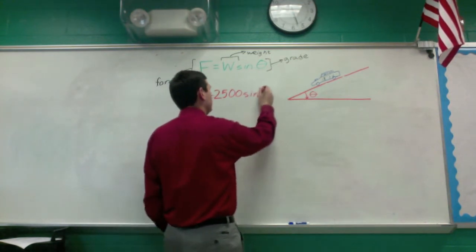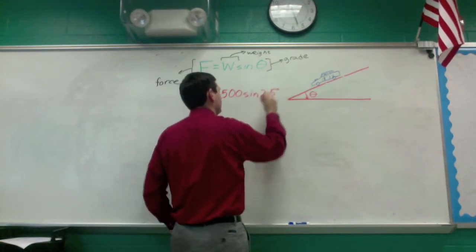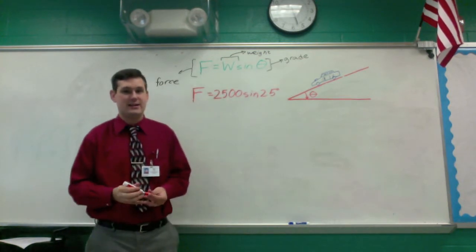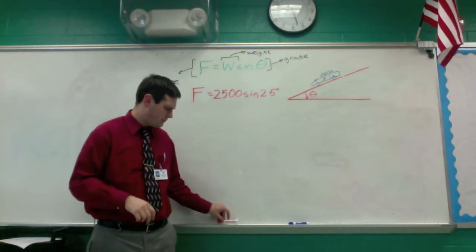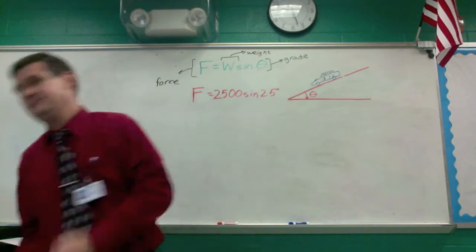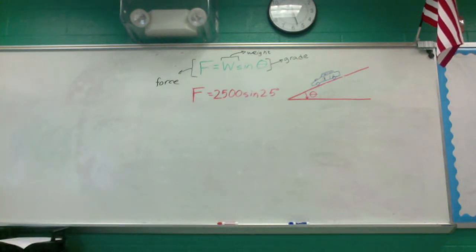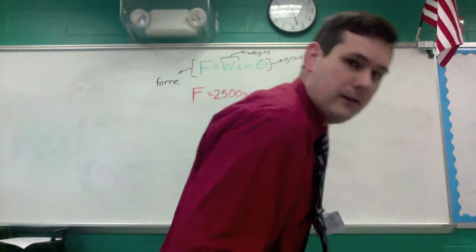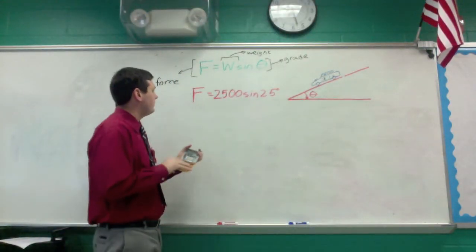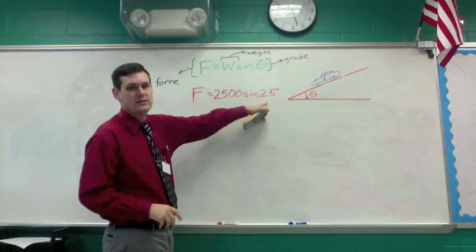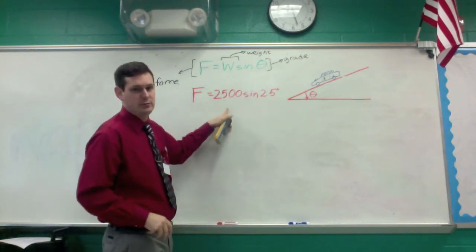So sine 2.5 degrees. Now clearly that's not in our chart, so I have to run and get a calculator. Okay, got a calculator. So I have to put in sine of 2.5 and then multiply it by 2,500.